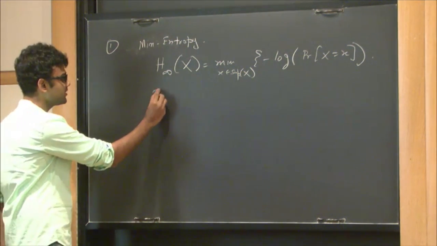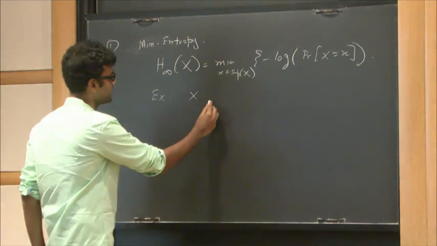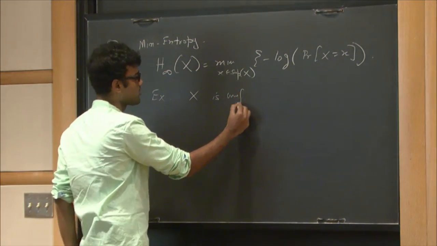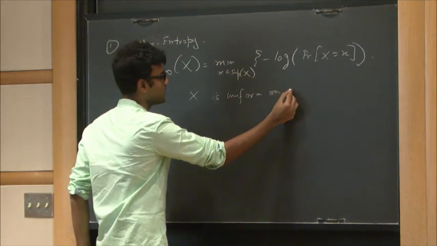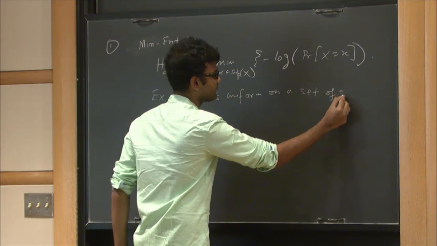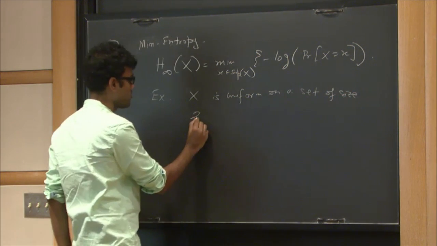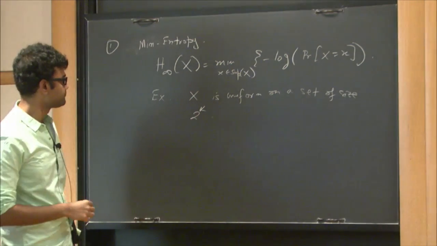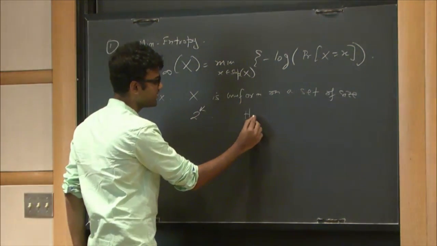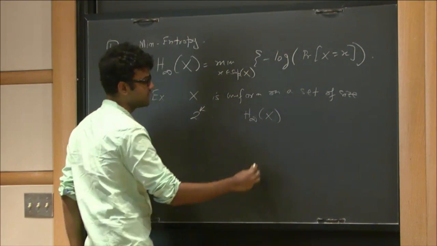As an example, say x is uniform on a set of size 2 to the k, then the min entropy of x by this definition is k.